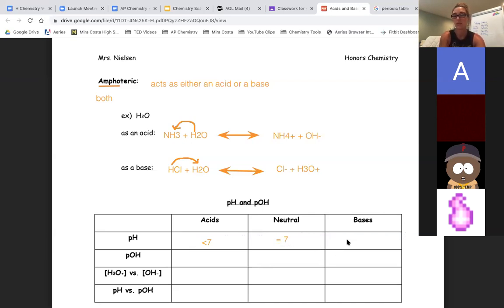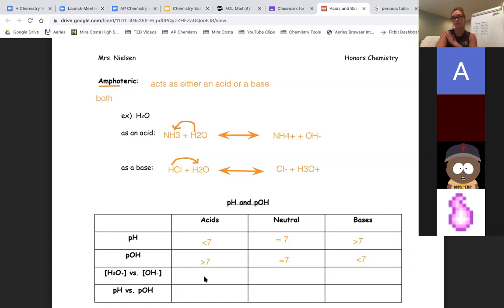And bases have a pH that's greater than 7. pOH, and I'm going to explain what this means in just a moment, is the exact opposite. Okay, if I'm asking you about a pOH, acids have a pOH that's greater than 7. Neutral compounds have a pOH that's equal to 7, and bases have a pOH that's less than 7.